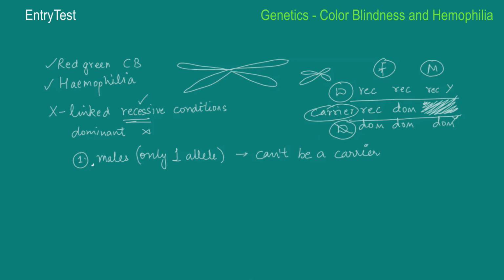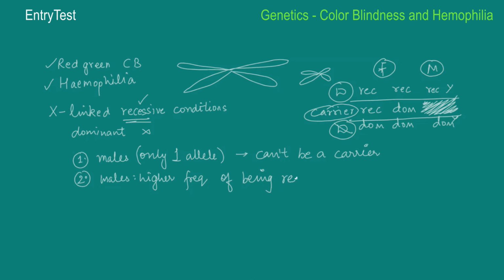So coming back to these points, in males they have only one allele, so they cannot be a carrier. The second thing, this means that males have a higher frequency of being recessive.